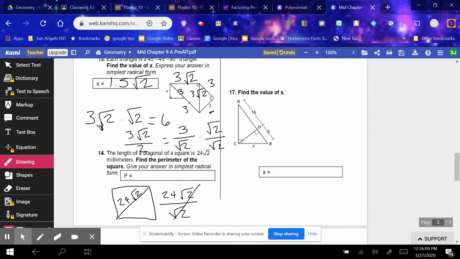That means our square roots of 2 cancel, and our side length is 24. But it's a square, so all the side lengths are 24, which means our perimeter is 24 times 4, which is 96.